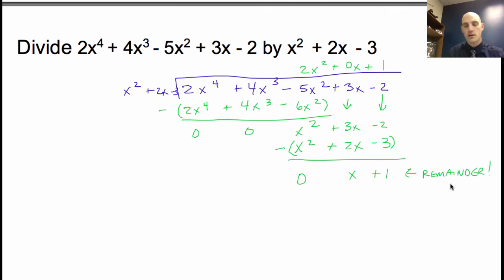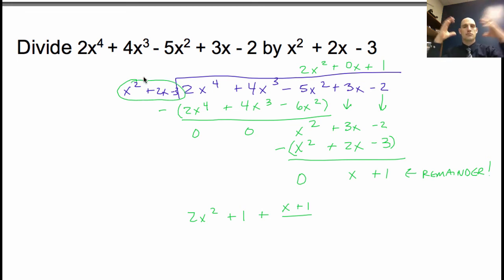This is a remainder. And so as a remainder, what's my answer? My answer is 2x squared plus 1 plus my remainder over what I was dividing by. Because remember, the remainder is really just saying I did this whole division problem, divided this polynomial by this polynomial. And so my remainder has to go over that original polynomial.